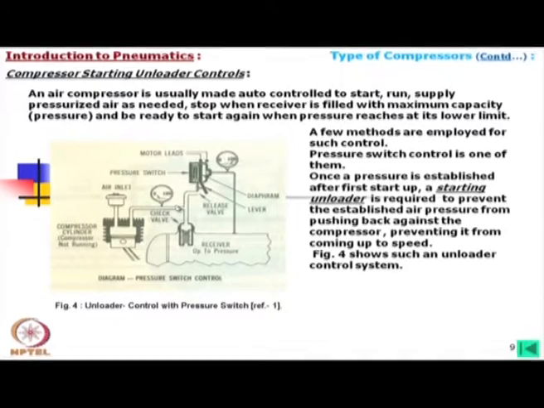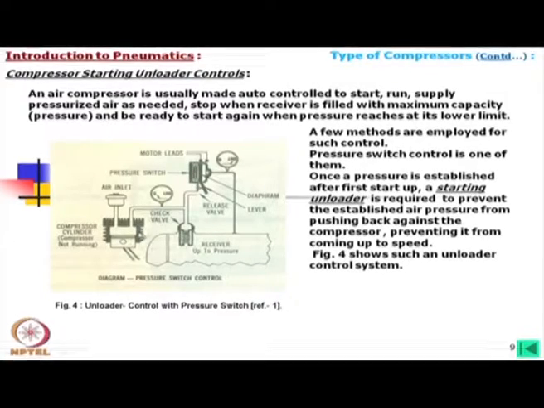Now, when this reservoir is being filled, then at a set pressure this switch is there and that gradually disconnects the motor and your compressor will stop.